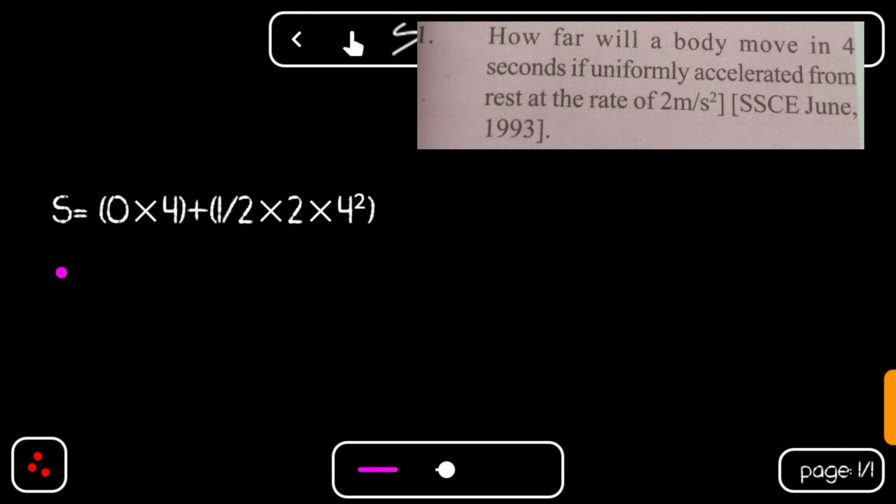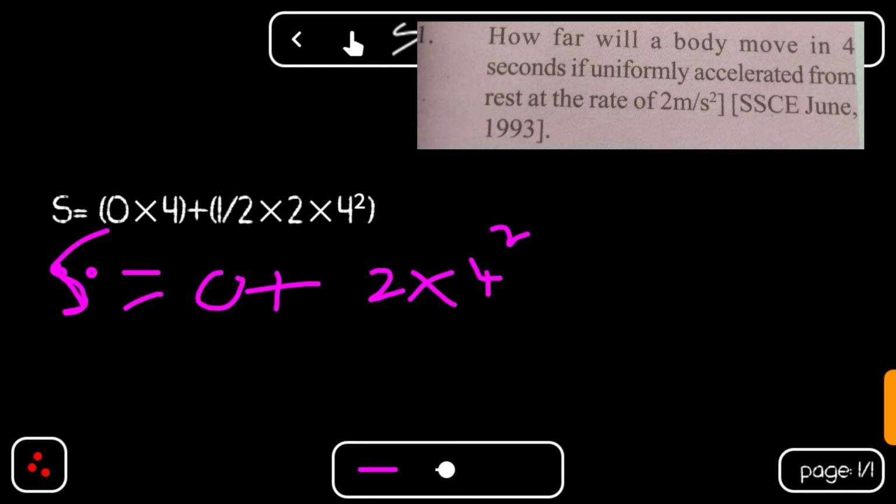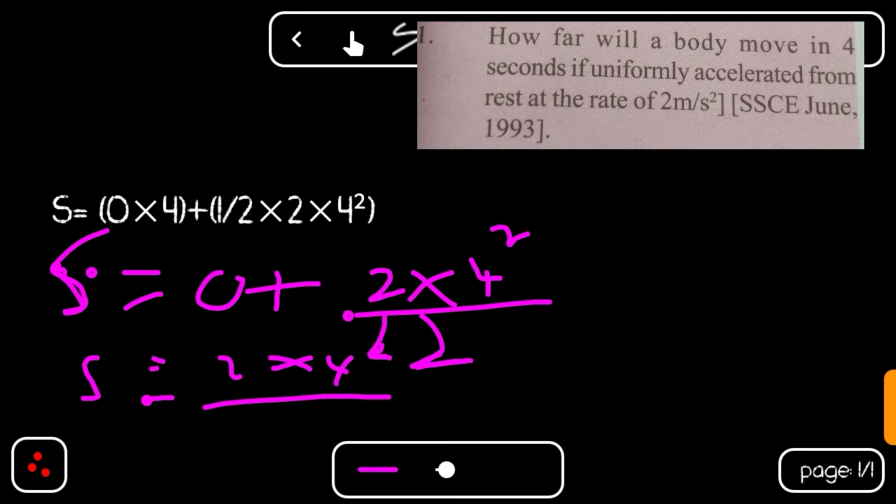If you calculate further, s is going to be equal to 0 times 4, which is obviously 0, plus 2 times 4 square all over 2. So our s is going to be equal to 2 times 4 square all over 2.